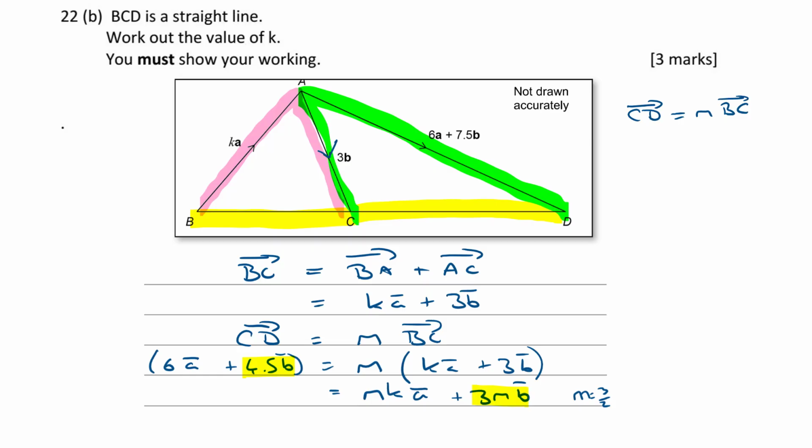And if m is 3 over 2, then I can say that my 6 from 6a must be equal to m lots of k. So 6 is equal to 3 over 2 lots of k. Rearranging that for k, cross multiplying, timesing by 2, dividing by 3, I'm going to get 12 divided by 3, which is 4. k is equal to 4.